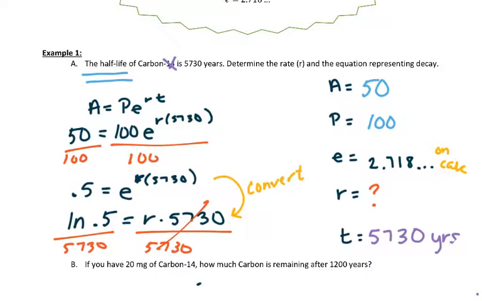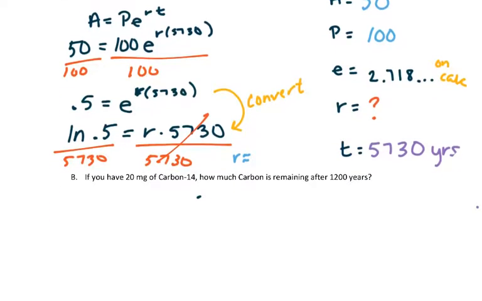And so what you get is that R is approximately, and this is where it would have been great if we were in class right now because I like to show all of this. Most calculators at this point are going to give you scientific notation. So it's going to tell you it's negative 1.2097 times 10 to the negative 4th power.